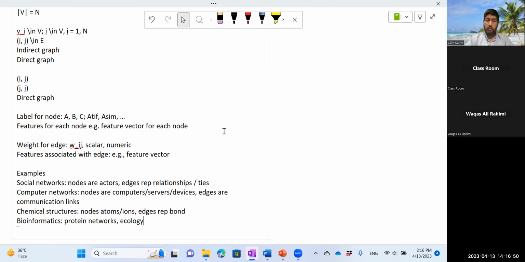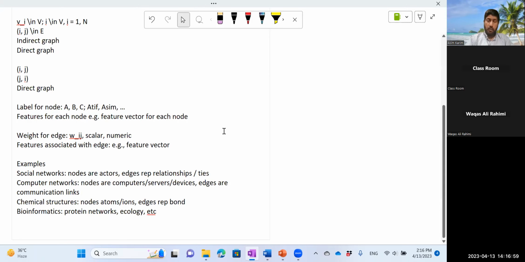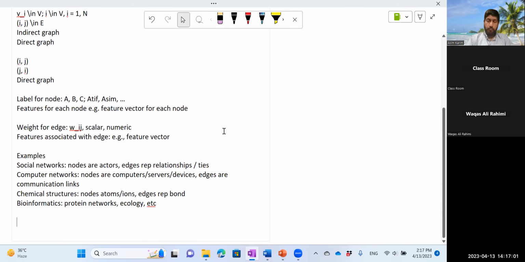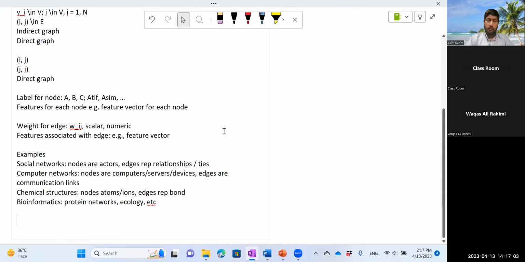You have various animals living in an environment and they are interacting with one another in some way. And of course, you have lots of examples here. In computer science itself, you have examples. For example, you can think of document networks. You have documents that are linked together based on whether they are on the same topic or not, or whether they use similar words or not.